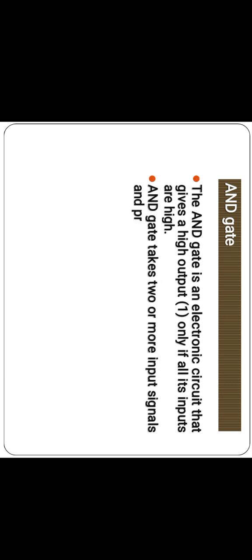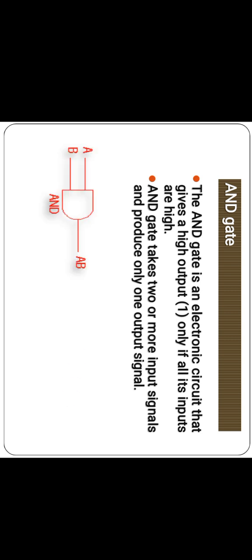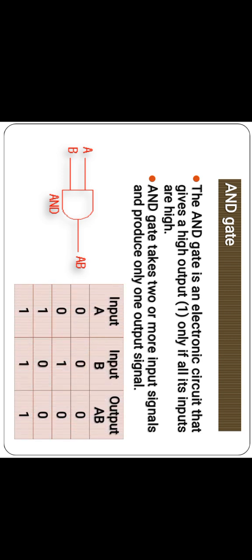Next we can see the AND gate. An AND gate is an electronic circuit that gives a high output, 1, only if all its inputs are high.